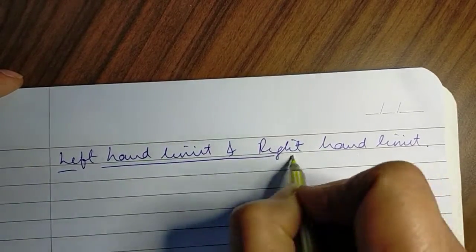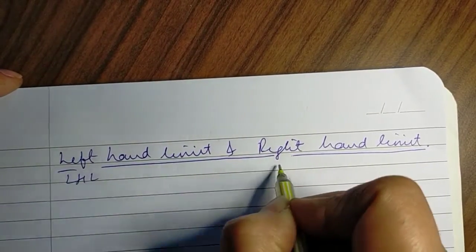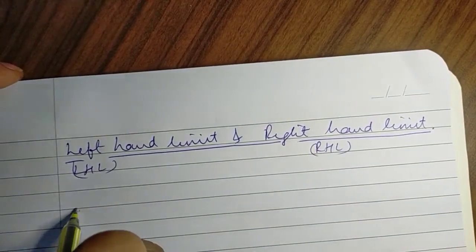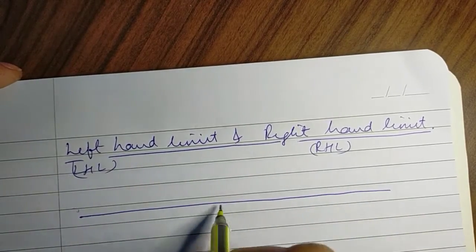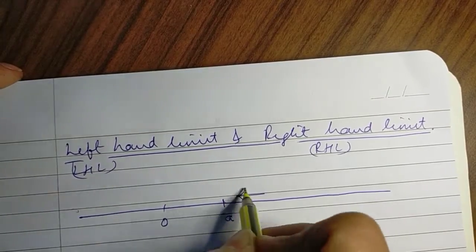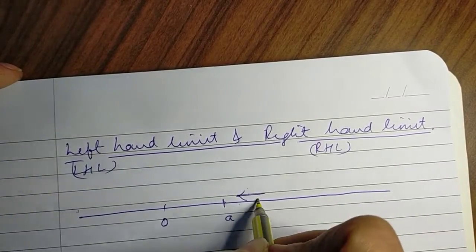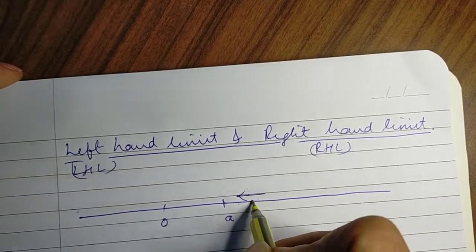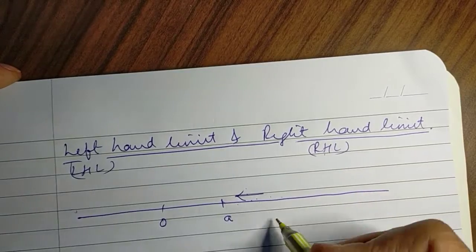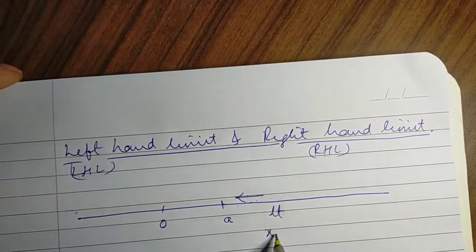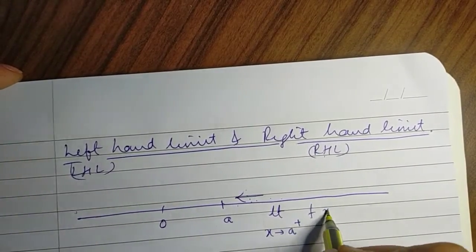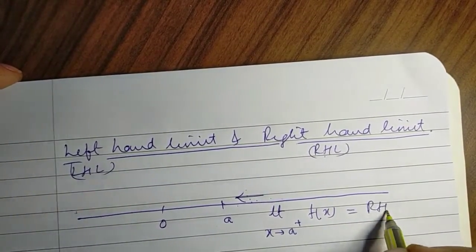Left hand limit is written as L.H.L and this is written as R.H.L. As we had discussed in the beginning of this chapter, suppose you have some value a, and if x approaches a from the right, then the value of the function so obtained is called the right hand limit and is written as limit x approaching a plus of f(x). This is called the right hand limit.